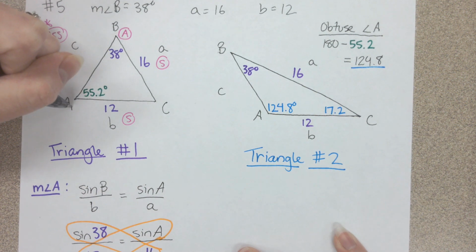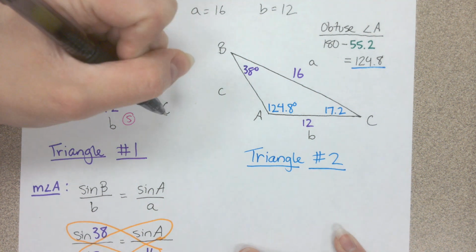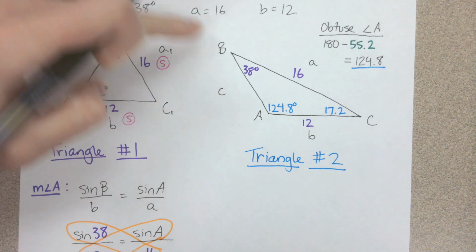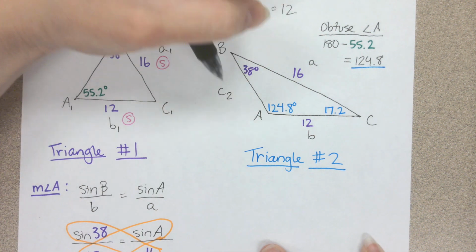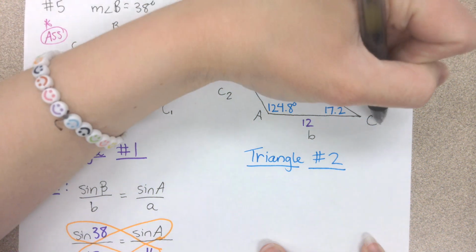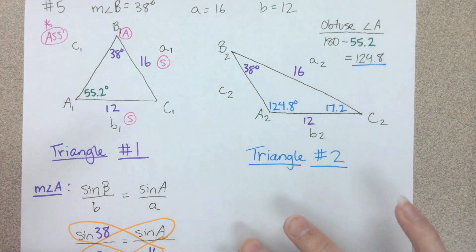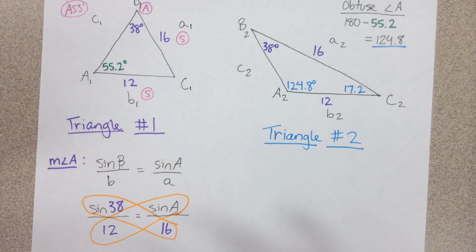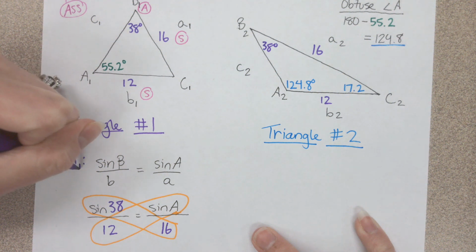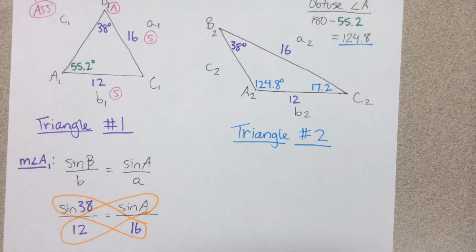But now that we know we have 2 triangles, triangle 1 and triangle 2, I label everything with 1s on the first triangle and everything with 2s on the second triangle. Like I said, I think the color coding makes it obvious which triangle I'm working with at all times, but even still, the numbering does help. So I'm going to label this as well, angle A1 over here, just to make it easier.